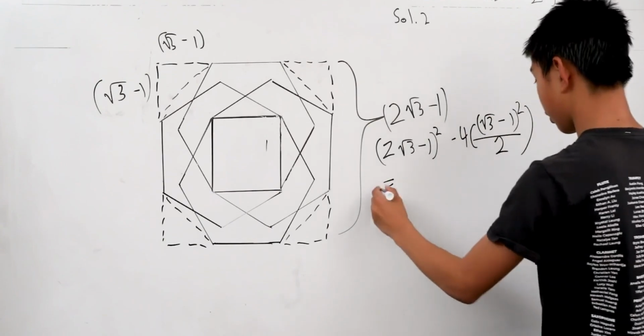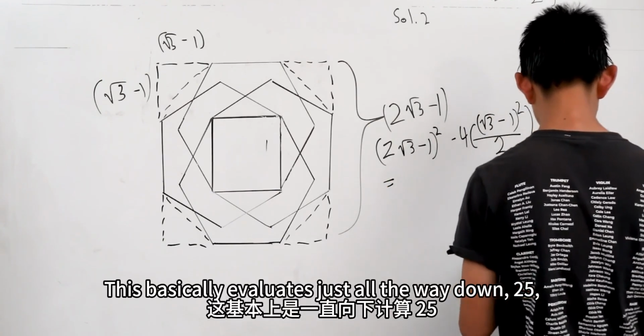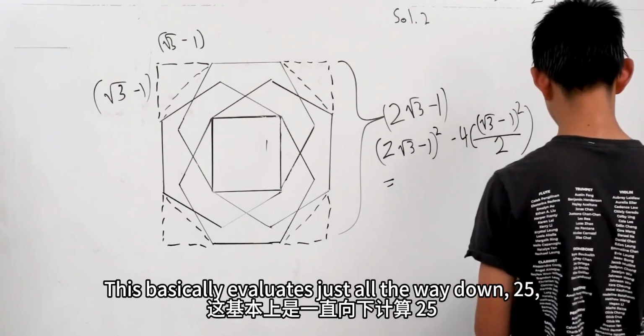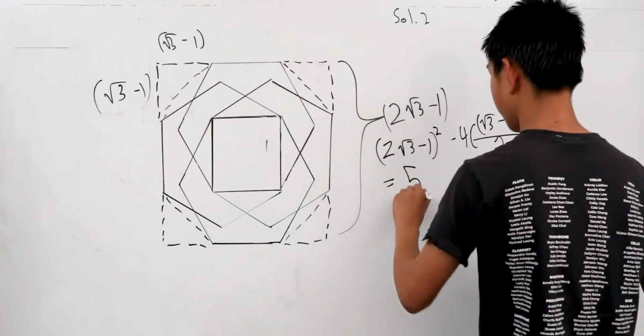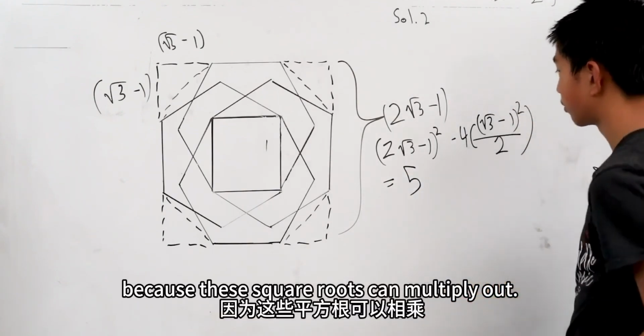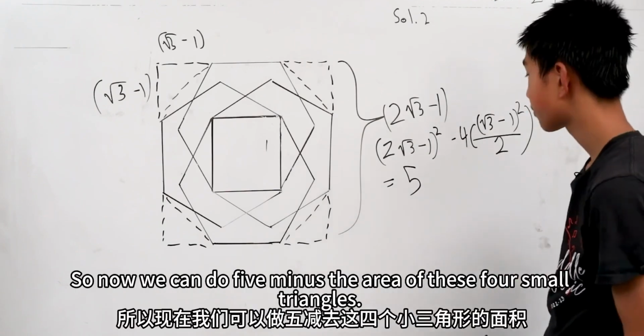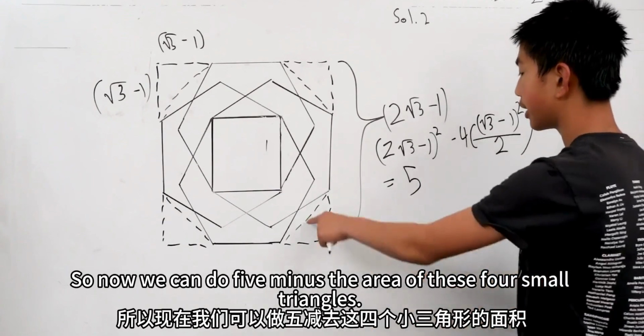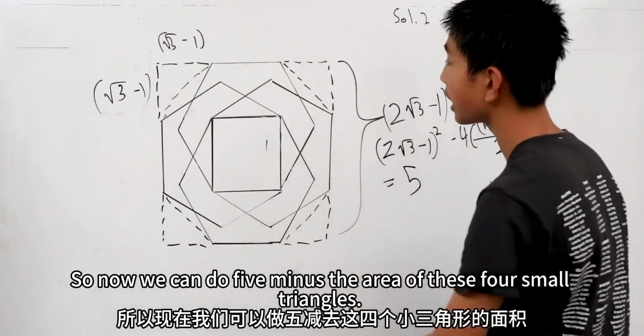Now this basically evaluates all the way down to 5, because these square roots can multiply out. So now we can do 5 minus the area of these 4 small triangles.